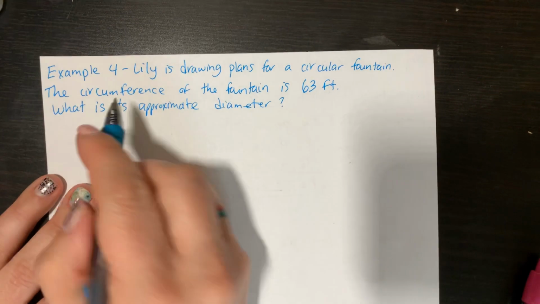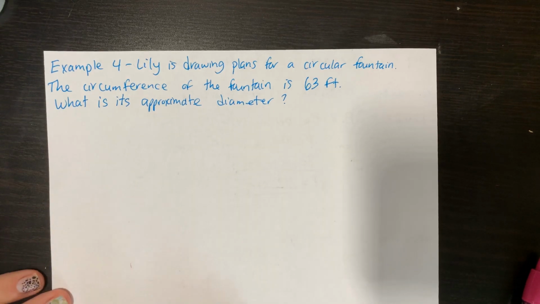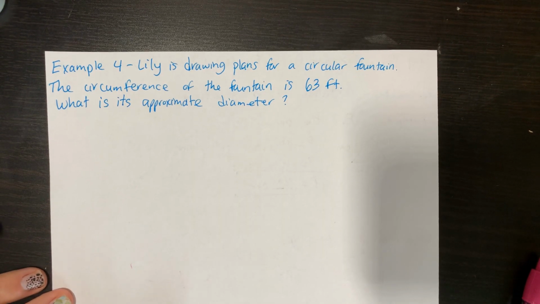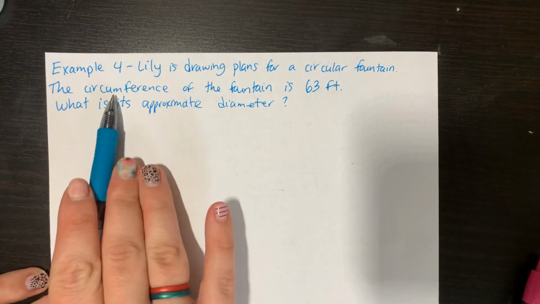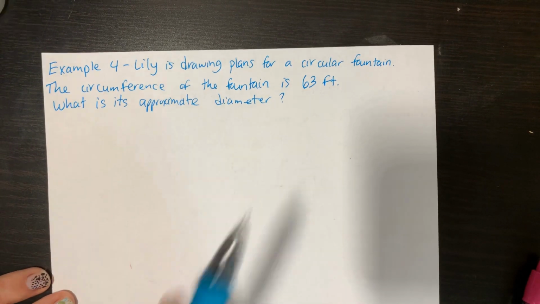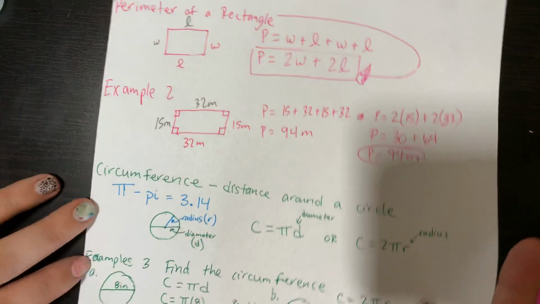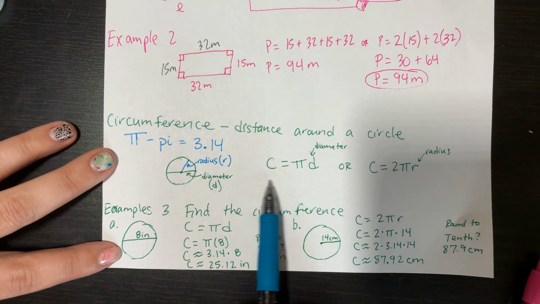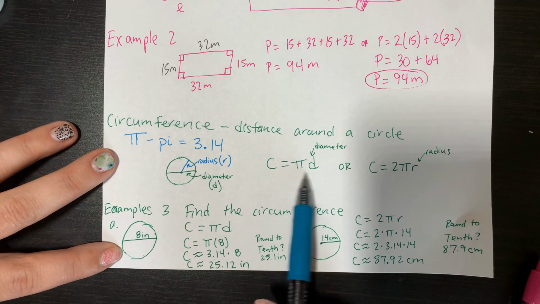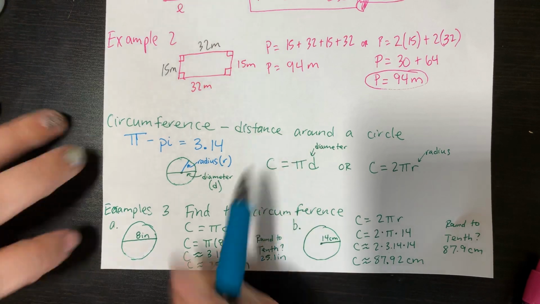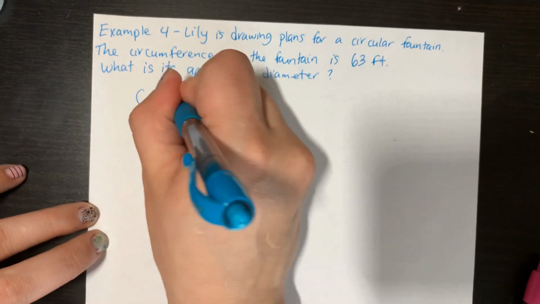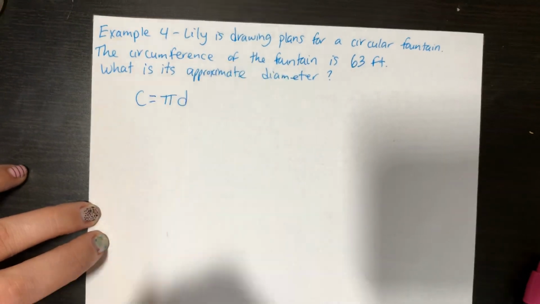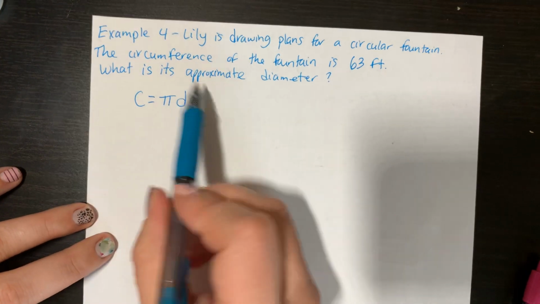Okay, so first thing we're looking at circumference. Circular fountain, circumference. We're looking for a diameter. So let's flip back over. We're looking at circumference, and we want the one with diameter. So we're going to use C equals pi d. Now let's plug in what we know.